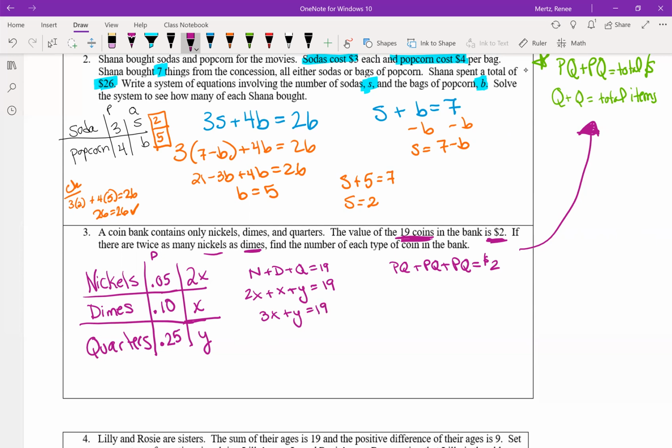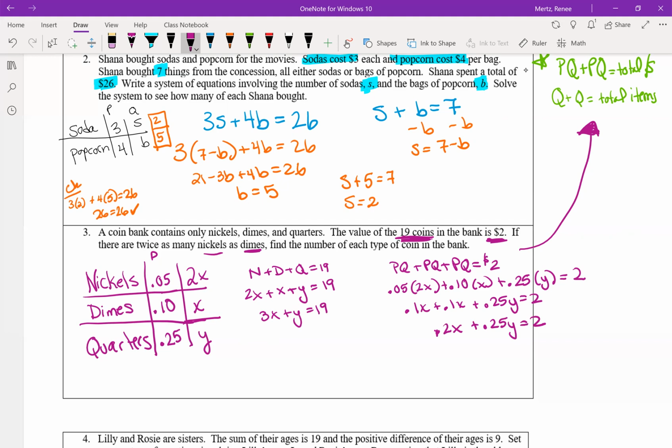On this one, I have 0.05 times 2X plus 0.1 times X plus 0.25 times Y equals $2. I'll simplify this down. 0.1X plus 0.1X plus 0.25Y equals $2. 0.2X plus 0.25Y equals $2.